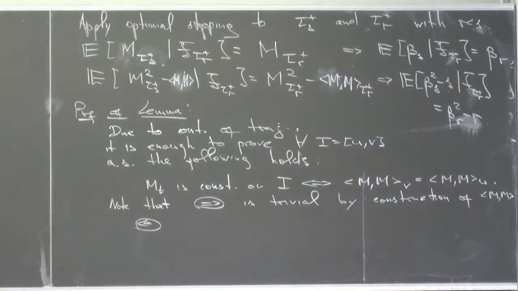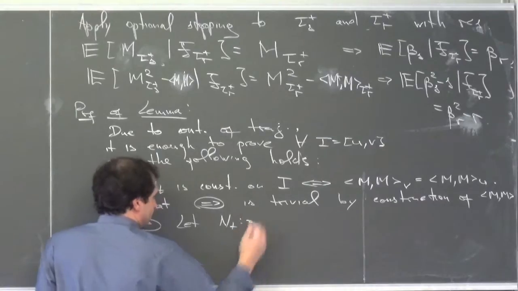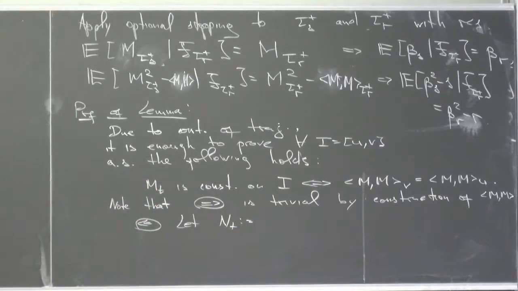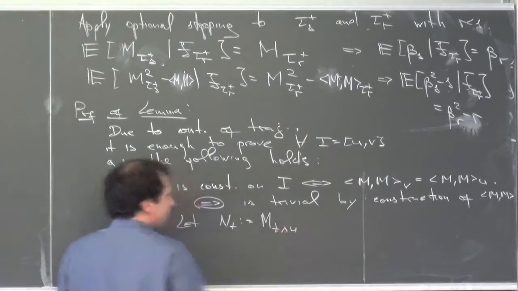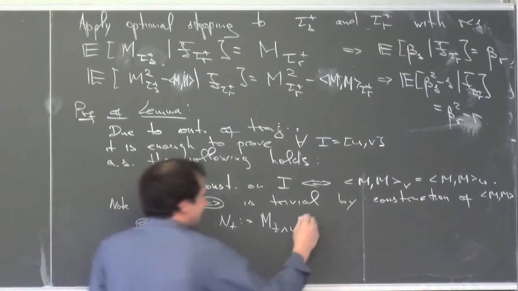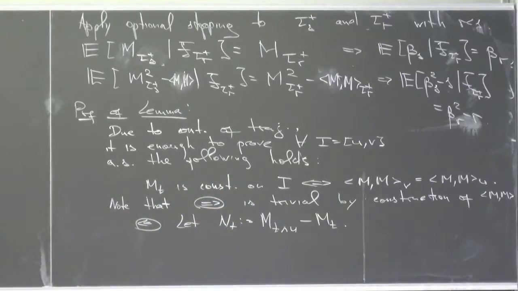And for the other side, just say, okay, some technicality: introduce a martingale N_t, which does nothing until time u, and then starts growing.